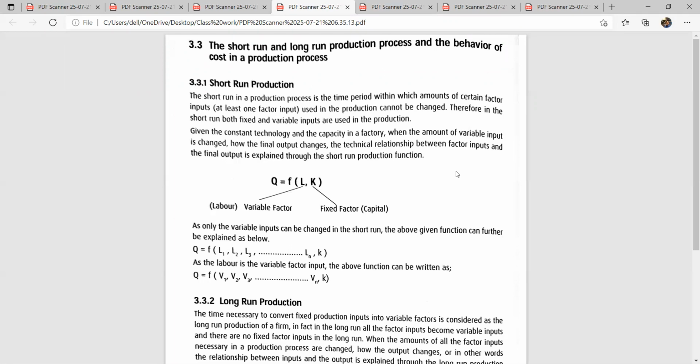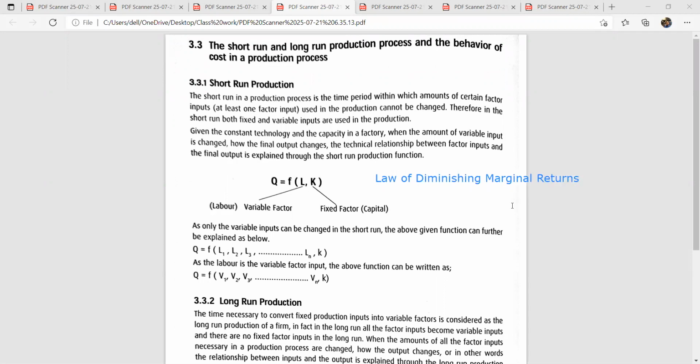Anyways, the production function in the short run, or the pattern or the nature of the production function, depends on the law of diminishing marginal returns. The law of diminishing marginal returns.